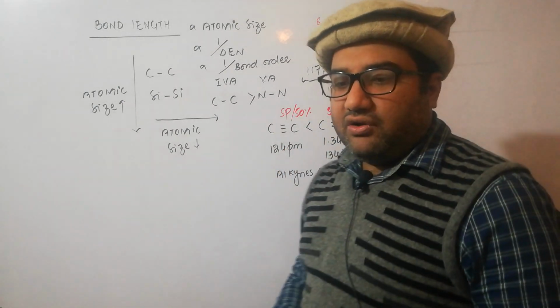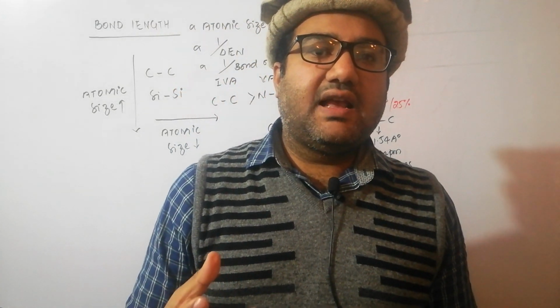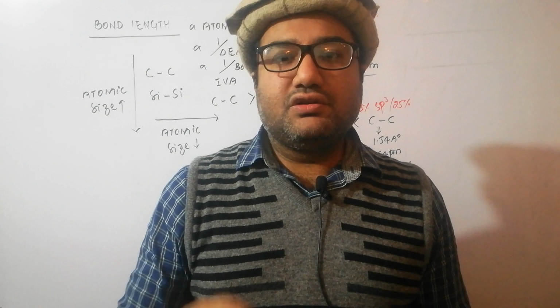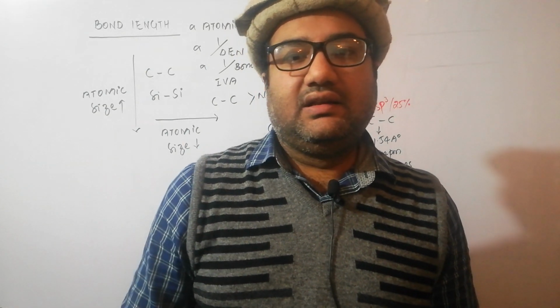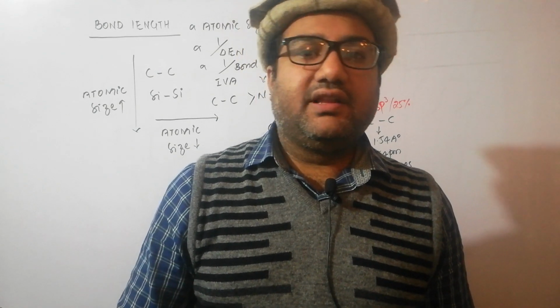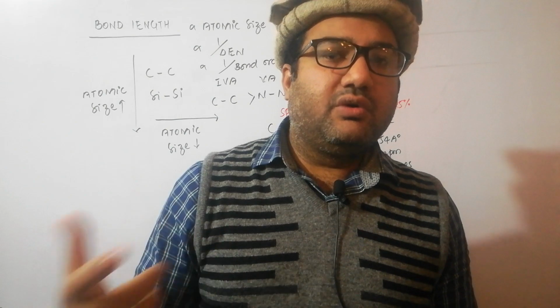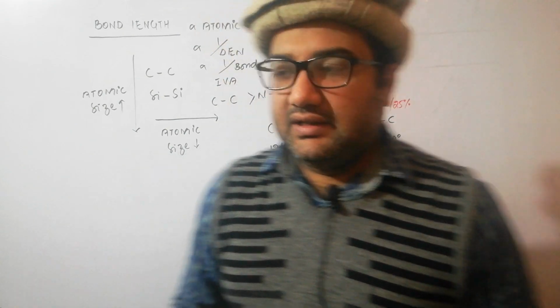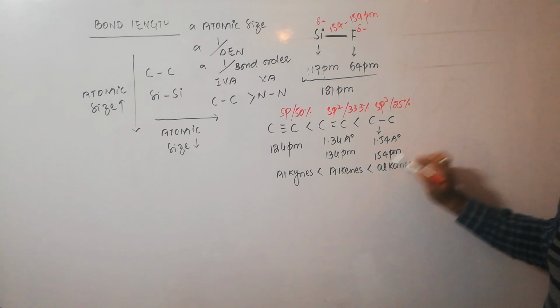Why? Because the greater the S character, the smaller the orbital, as S is a small orbital as compared to the P. So when there is a greater percentage of the smaller orbital, then obviously the bond length will be shorter, because the smaller orbital is contributing more in formation of that bond. So as the S character decreases, the bond length increases.